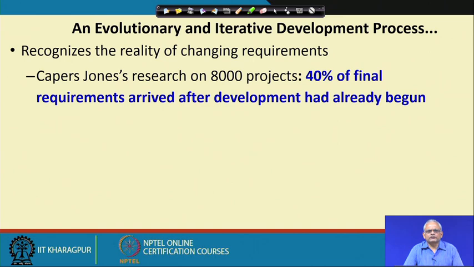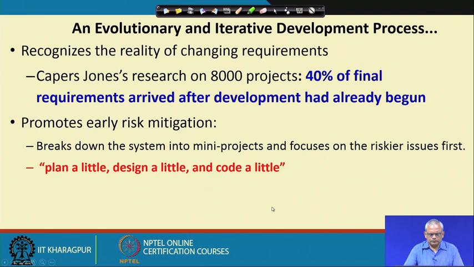Let us look at the evolutionary model, which tries to overcome this necessity of having to identify all the requirements upfront. There are some similarities between the evolutionary model and the incremental model, in the sense that increments are deployed at the client site, but here in the evolutionary model no upfront requirement specification is required.